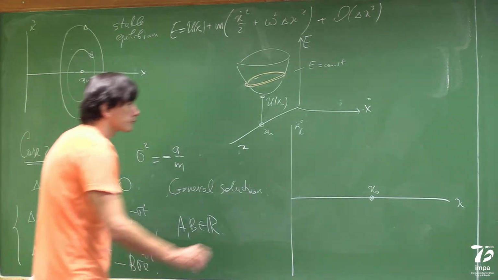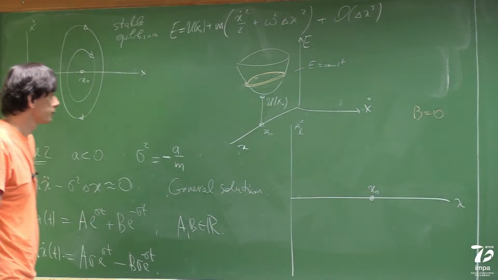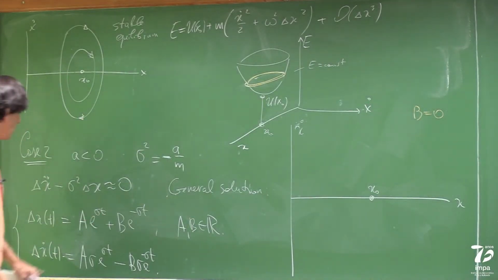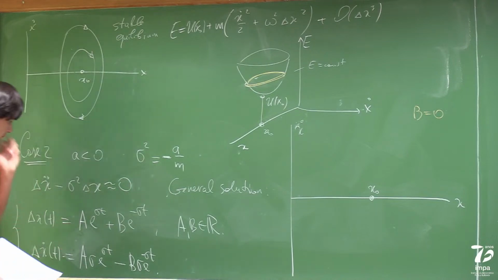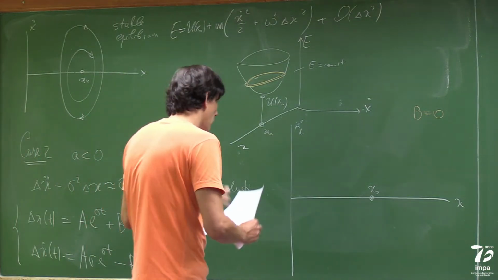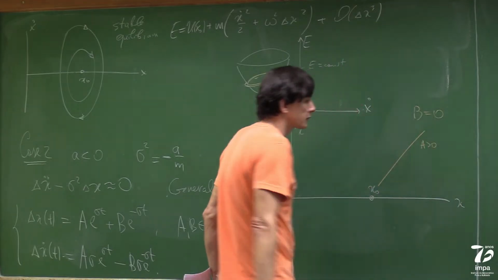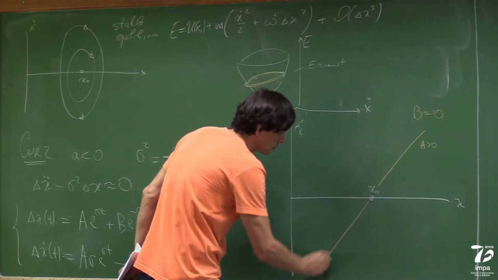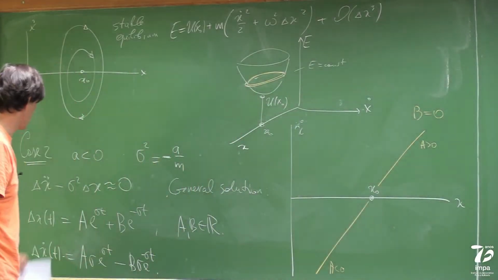So the first solution will be when b is 0 and a is some number, so a is not 0. What you see is that the coordinate and velocity are proportional to each other, so it will be a straight line. Okay, so that's the solution.